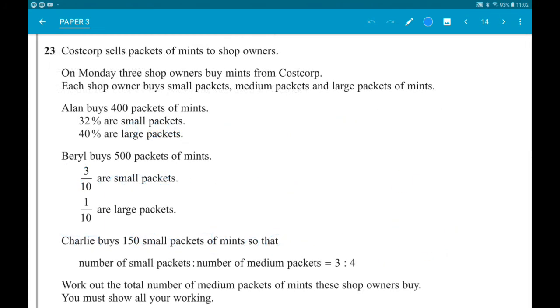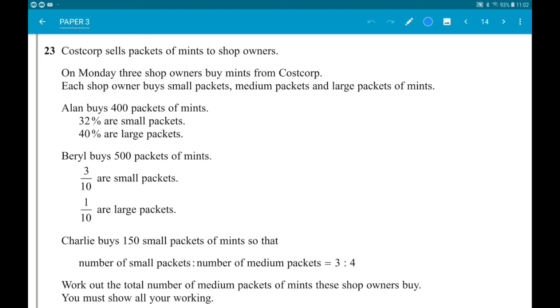Okay, number 23 takes the prize as the biggest question I've ever seen. So, Costco sells packets of mints to shop owners. On Monday, 3 shop owners buy mints from Costco. Each shop owner buys small, medium and large packets.